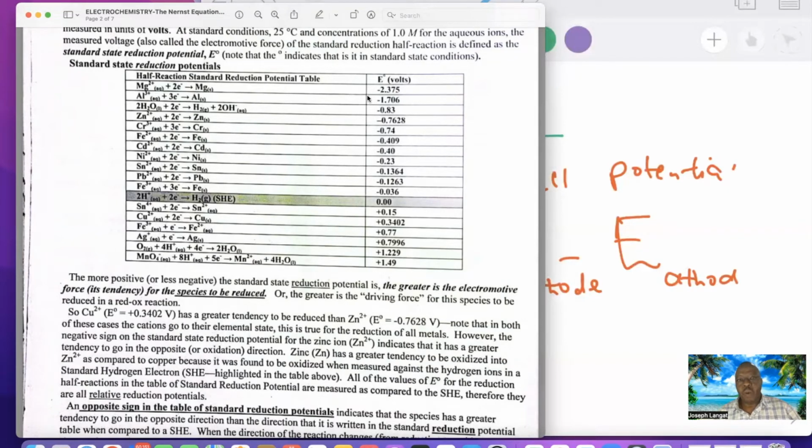Let me blow this up. Look at the standard reduction potential: it can be negative, more negative, or positive.